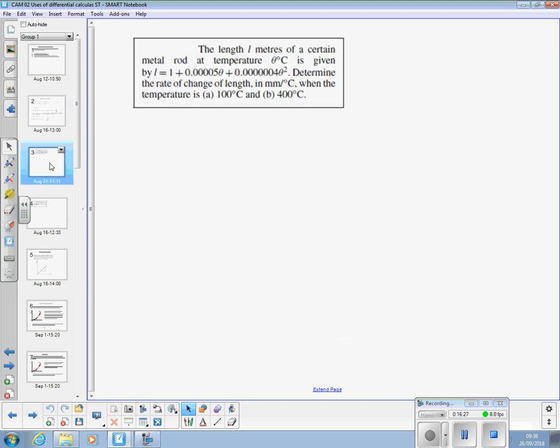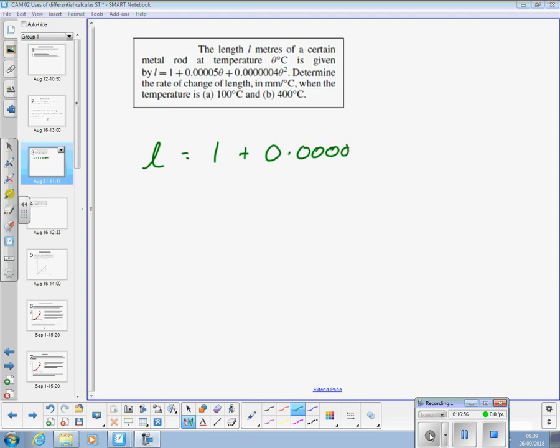So, the length L meters of a certain metal rod at temperature theta degrees C is given by L equals 1 plus 0.405 theta plus 0.60 theta squared, with theta in degrees C. The other point to remember, once we bring in an engineering problem, is we may or may not bring in the involvement of units, and therefore the units will be a required element in your answer.